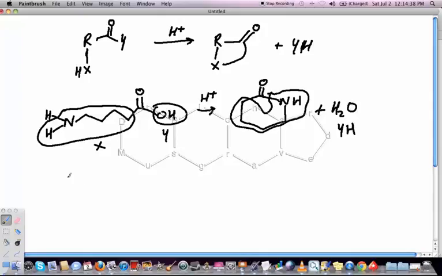Let's take a look at the mechanism. Pretty much the same patterns as we've been seeing before. First step, C double bond O attacks the H plus.